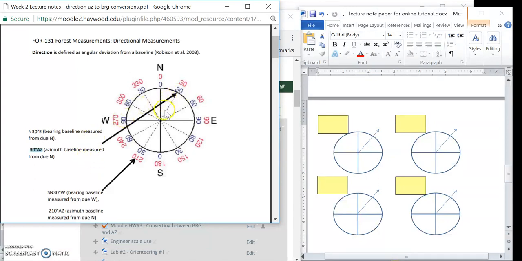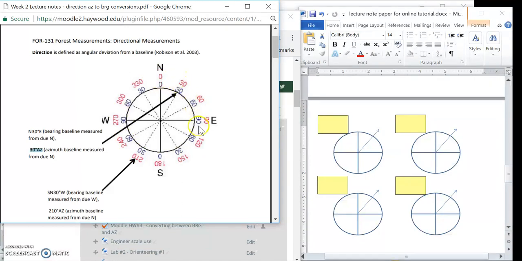So there's no north, east, southeast, southwest, northwest. It's just a degree from 0 to 360, with AZ at the end. It just goes in a clockwise direction from 0, from due north.